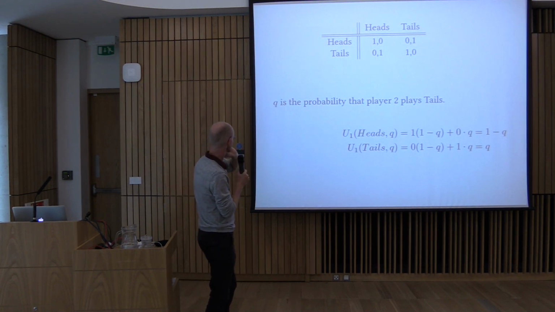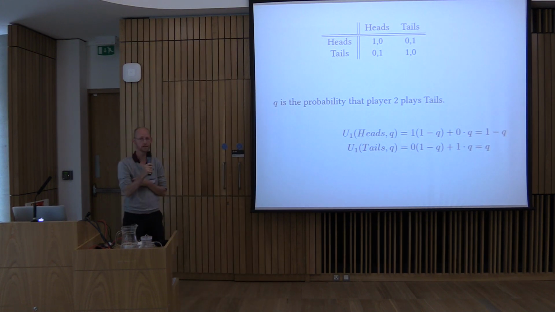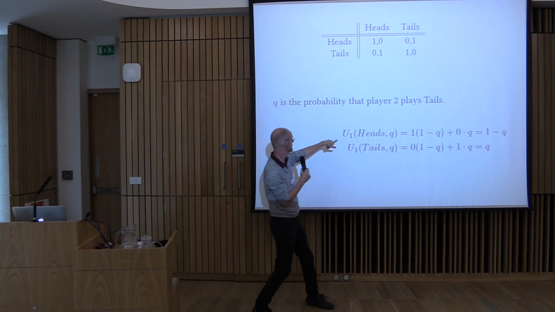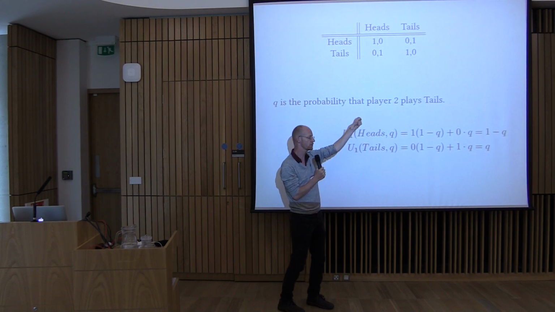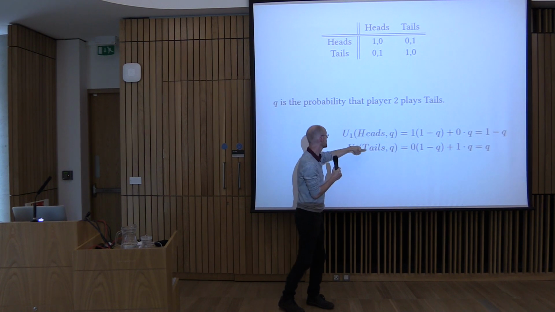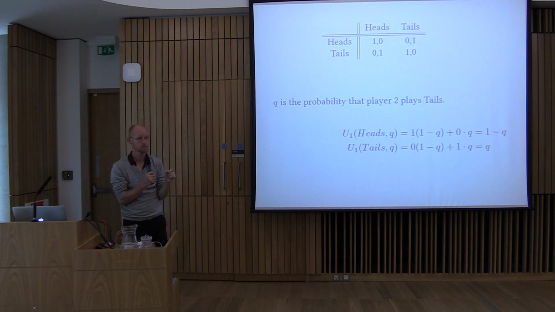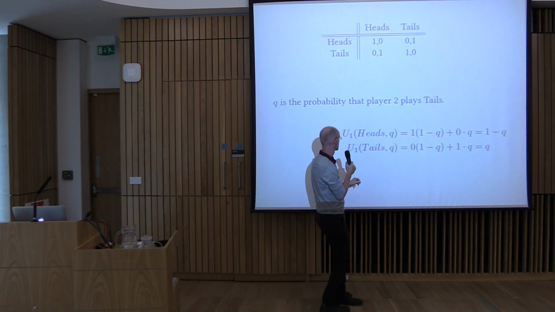Suppose that Q is the probability that player 2, the column player, plays tails. So Q is a strategy of player 2. Now you look for each of those actions, heads and tails, at what the utility is, given the strategy of the column player.